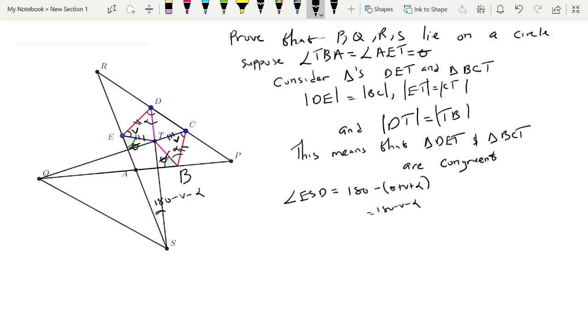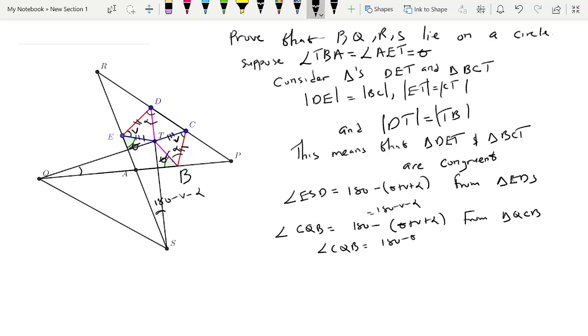Then similarly, this other angle, angle CQB, is 180 minus theta minus V minus alpha. The same thing here, this is 180 minus theta minus V minus alpha.